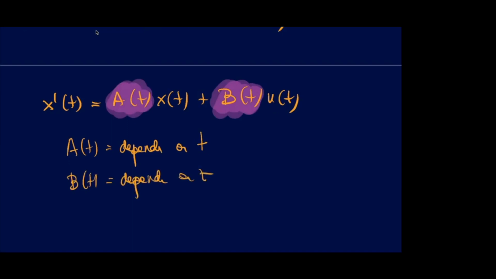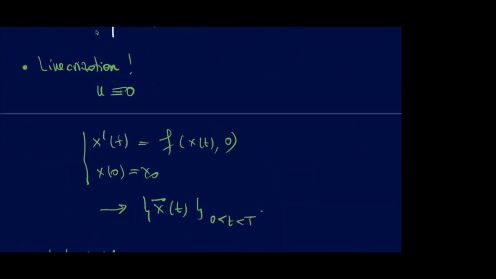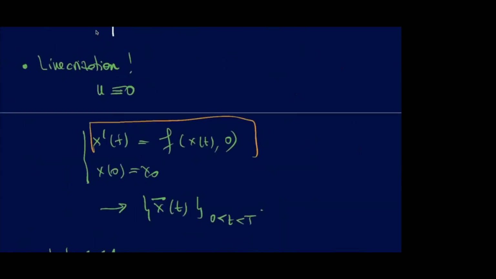Well, not always, because when I linearize the system around 0, if X bar was a steady state, then it will be fine.